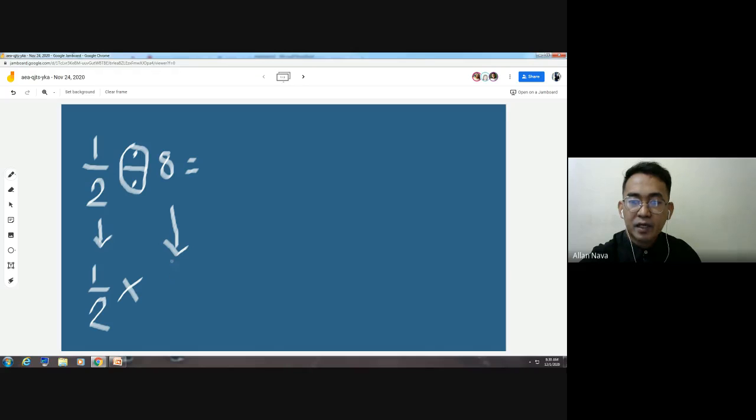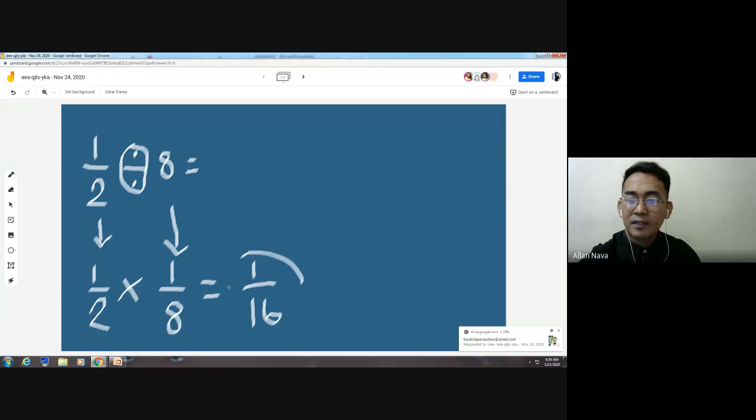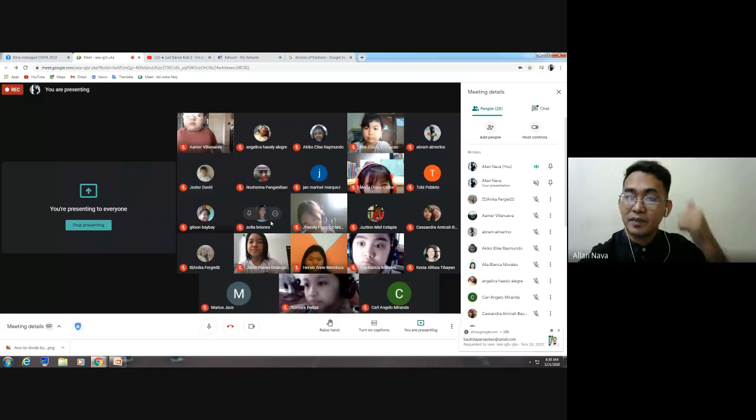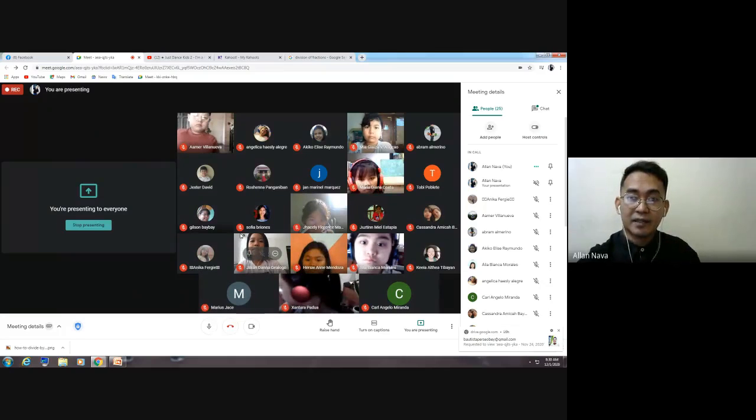So, flipping 8 means getting the reciprocal of 8. So, that is 1/8. Because the denominator of 8 is 1. So, you can now multiply. This is 1/16, the final answer. So it means in this division of fraction, we'll have actually still multiplication because we do the flipping of the number or getting the reciprocal of the number. You get it? Okay, next.